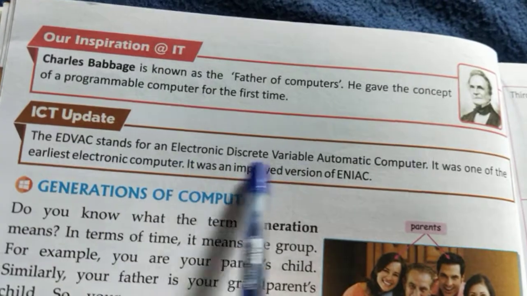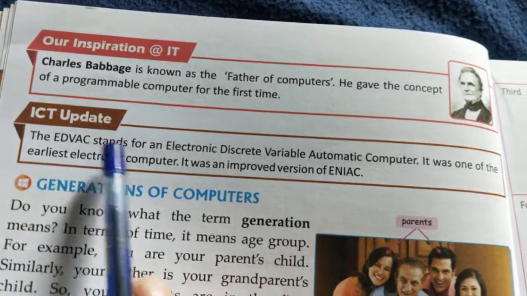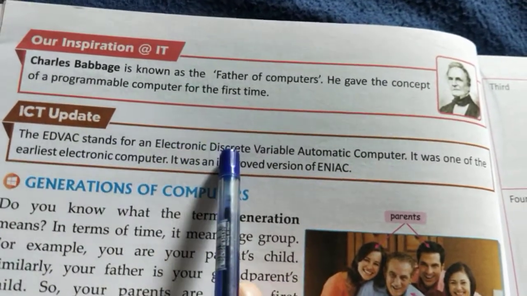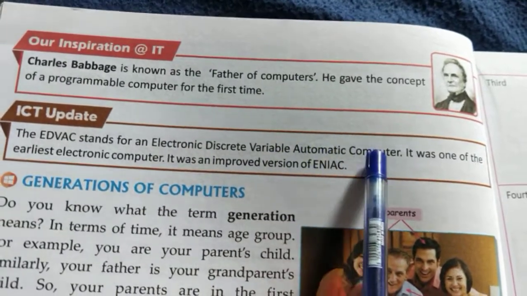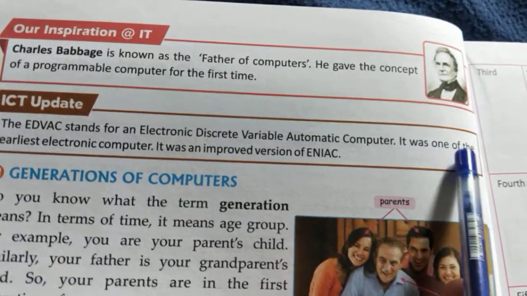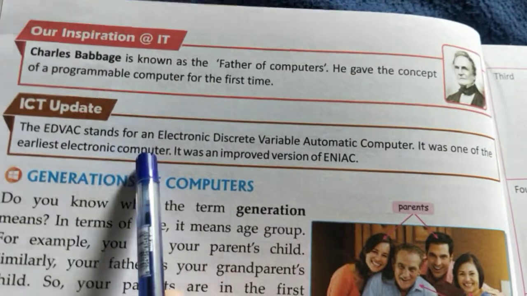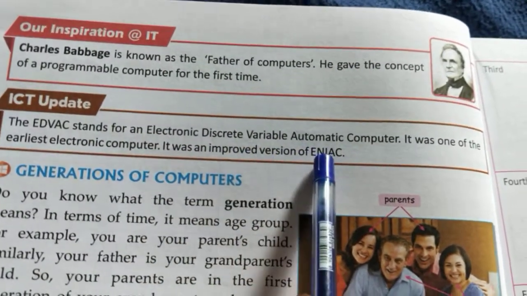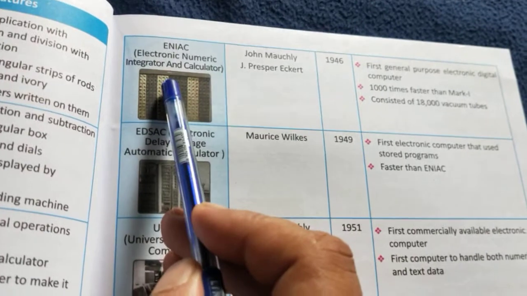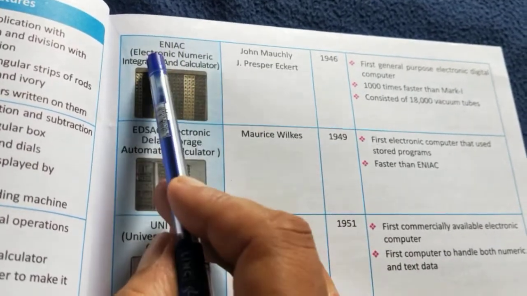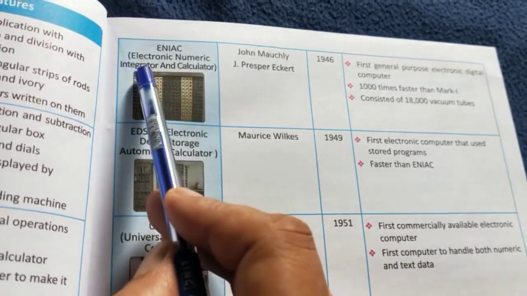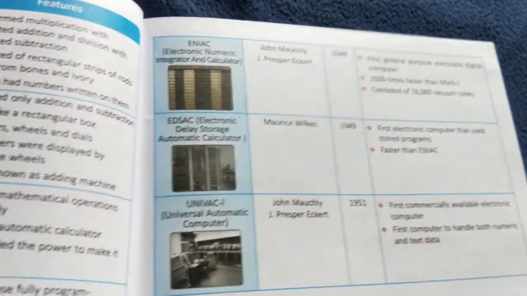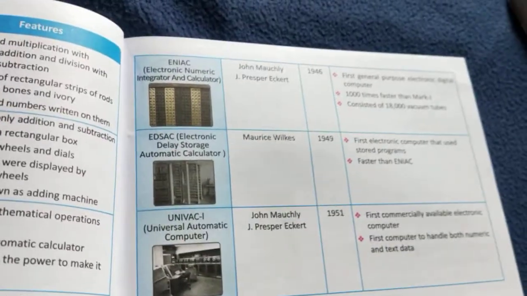An update is given over here. The EDVAC stands for Electronic Discrete Variable Automatic Computer. It was one of the earliest electronic computers. It was an improved version of ENIAC. We had learned about ENIAC in the last class; it's the Electronic Numerical Integrator and Calculator.